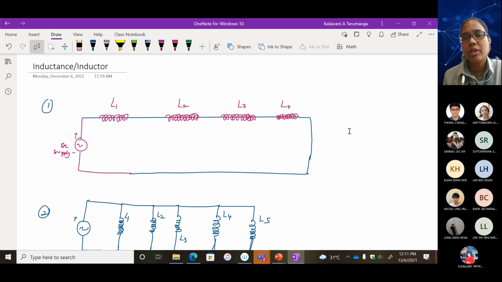Which terms are related to inductance? Come up with your own words, your own sentence. Don't take it from the slides. What is your understanding of inductance? Definition, key point.